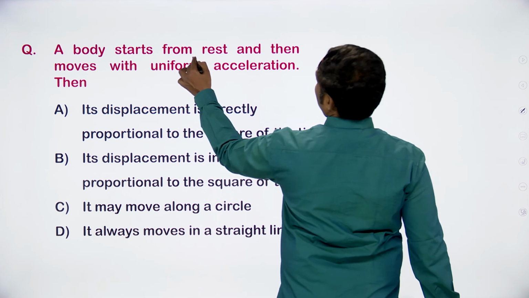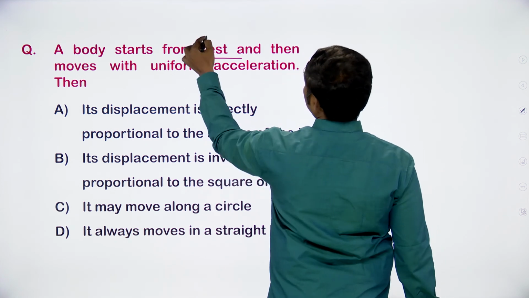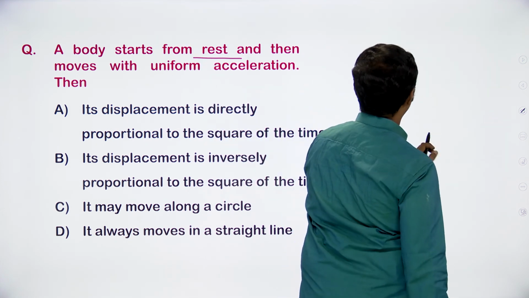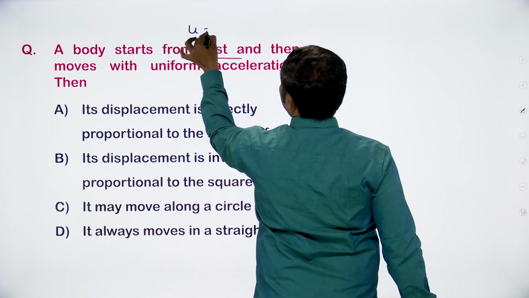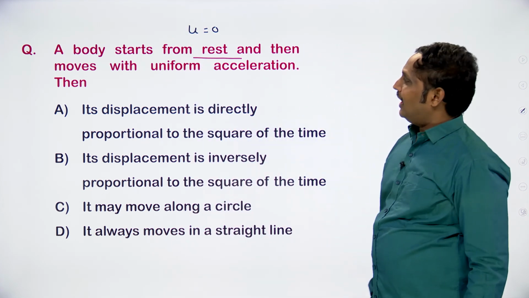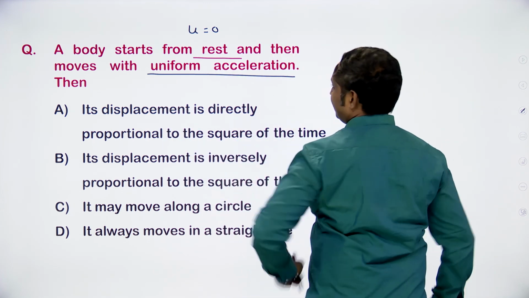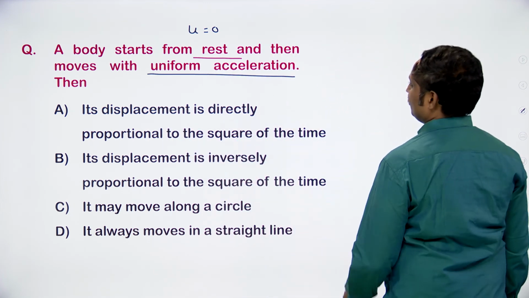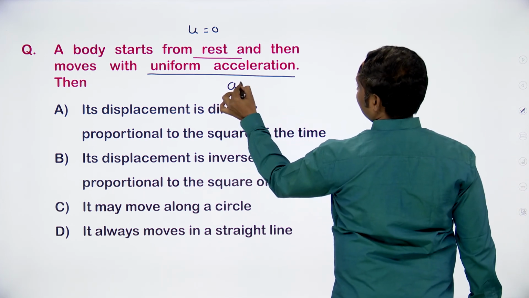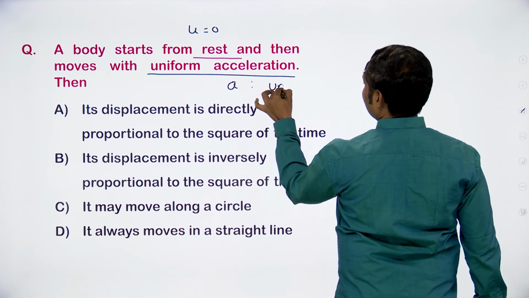A body starts from rest, so u is equal to 0, and then moves with uniform acceleration, you can identify that.